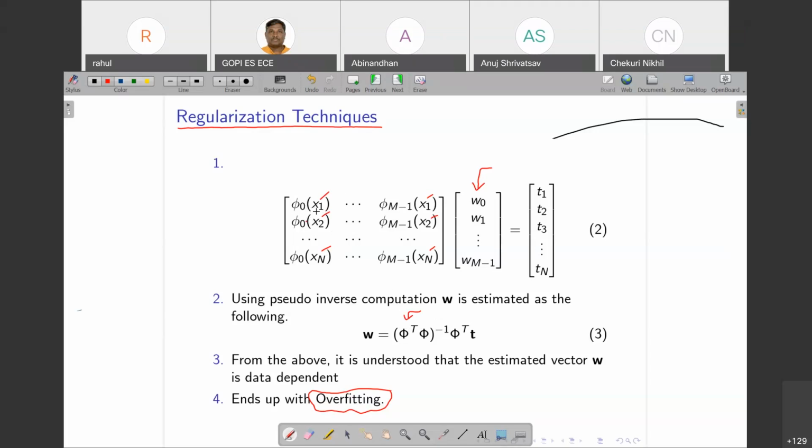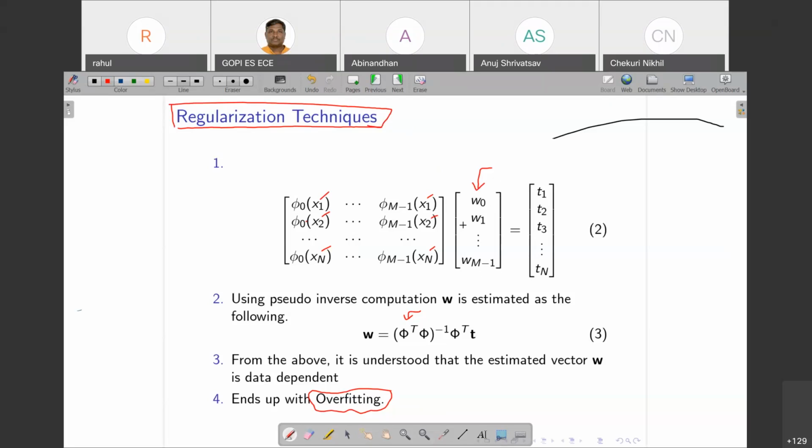There comes what is called regularization. What we do in regularization is a slight modification of the objective function to introduce some disturbance, some variation, so that w is not fitting this equation perfectly. We introduce some range for w naught, w1.